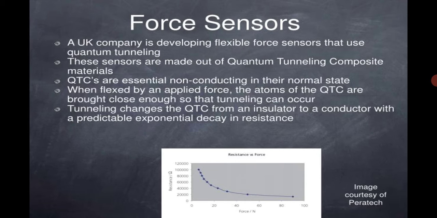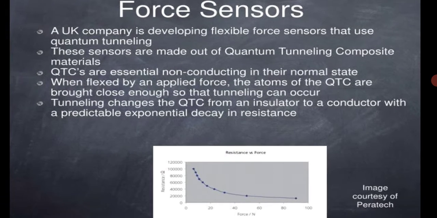QTCs are essentially non-conducting in their normal state. When compressed by an applied force, the atoms of the quantum tunneling composite are brought close enough so that tunneling can occur. Tunneling changes the QTC from an insulator to a conductor with a predictable exponential decay in resistance.